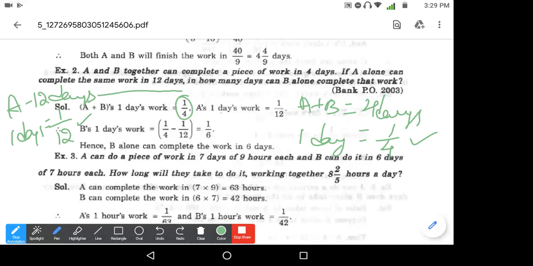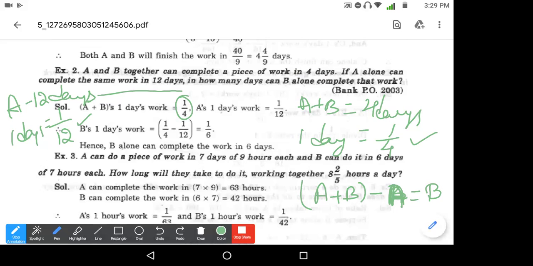Fine. Now here what we will be doing is A plus B minus A, because we know the value of A. If we do this, it will give us the B value. A plus B is the total work per day. Out of that, if I subtract A alone, then I can get B alone's work.